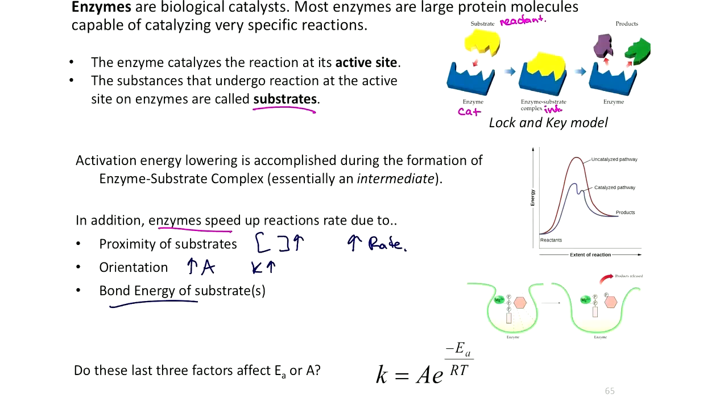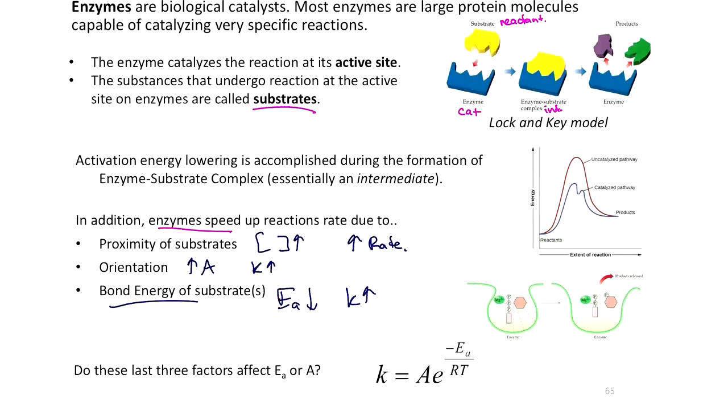So the weakening of bond energy of your substrate, this is how we lower the activation energy, thus increase reaction rate of the process. So this is all the things an enzyme does, and it affects different details of our Arrhenius equation or of our rate law: either increase concentration, improve orientation of our collisions, or lower the activation energy of your substrates.